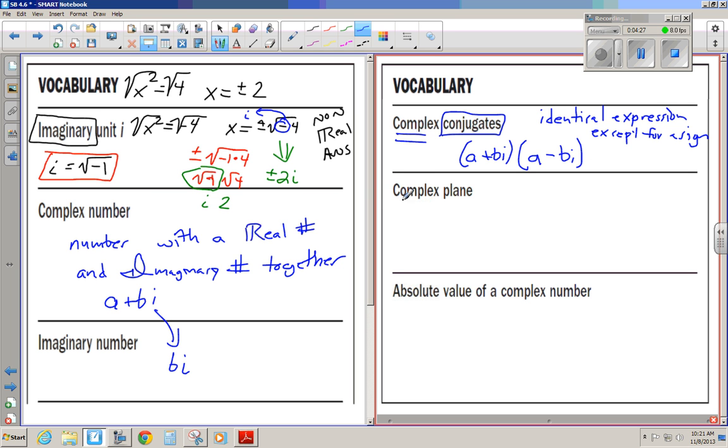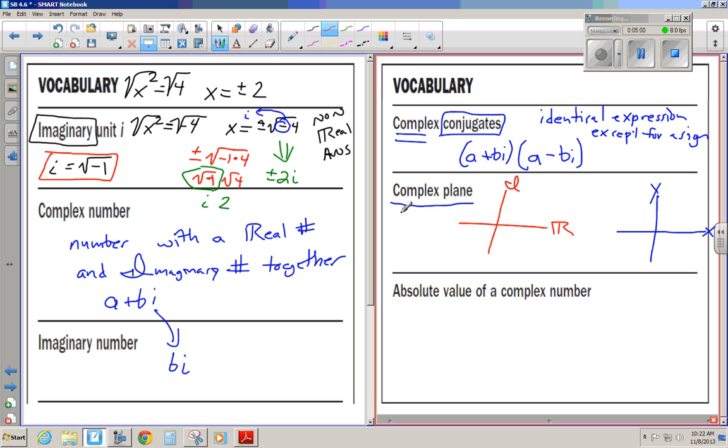All right, the complex plane. This is talking about a coordinate plane. And usually we have an x and a y. That's what you're used to seeing. But the complex plane gives you the exact same thing. You have a vertical axis and a horizontal axis, but instead of x and y, you have a real part and an imaginary part.